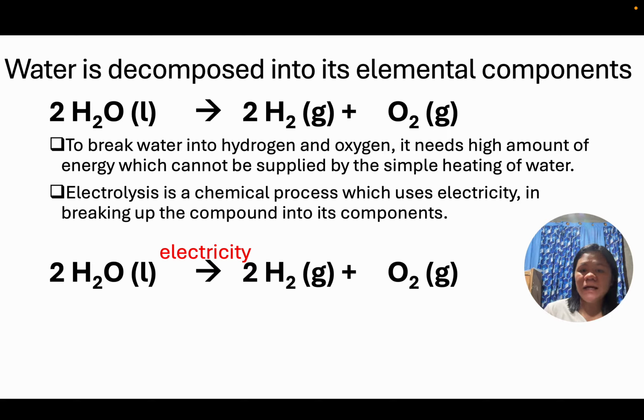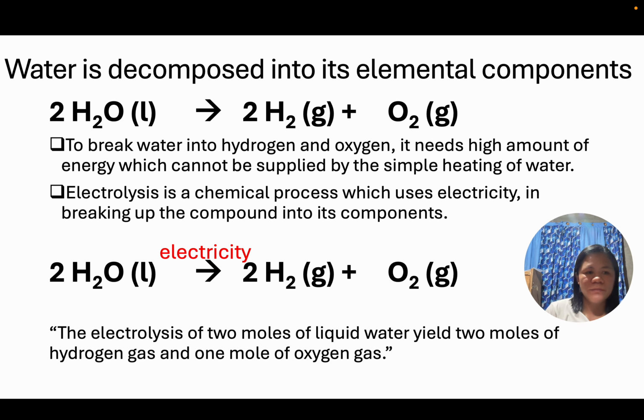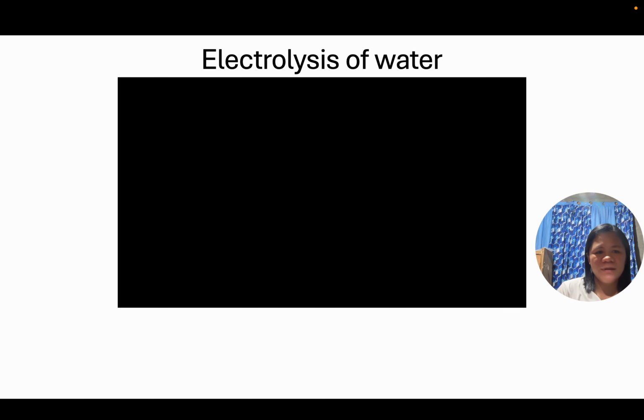In the next slide, I'll be showing you what happens in the electrolysis of water. Before I proceed, in the electrolysis, 2 moles of liquid water yield 2 moles of hydrogen gas and 1 mole of oxygen gas. So here is our video.